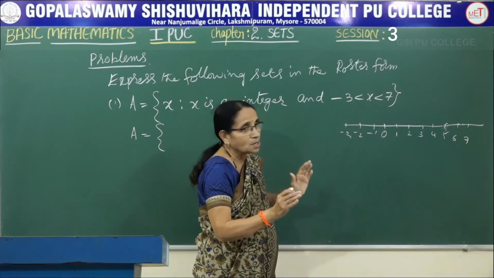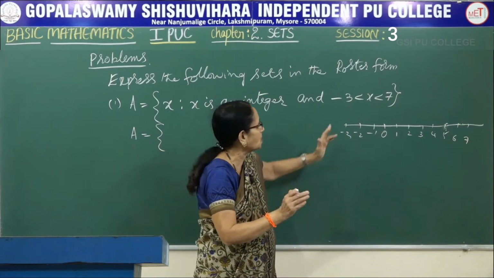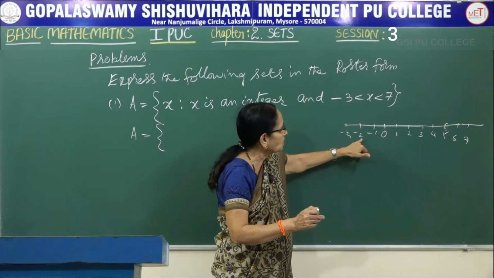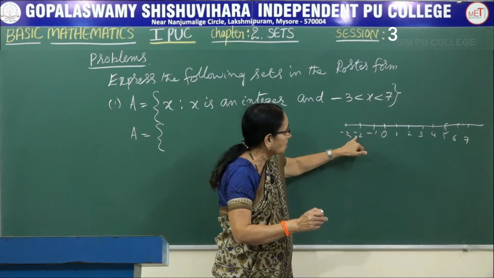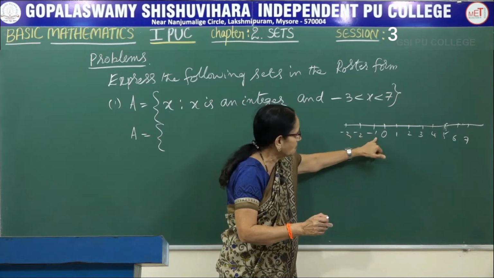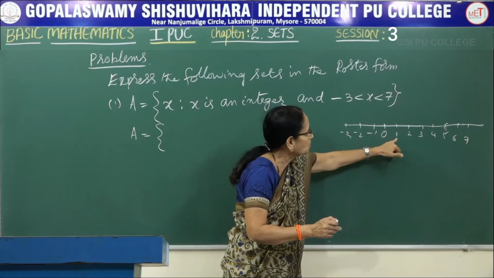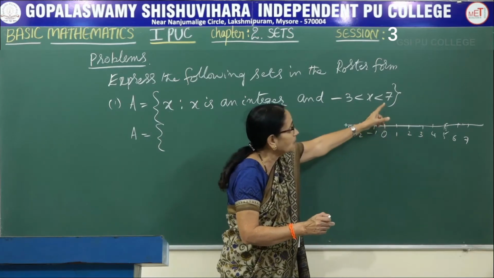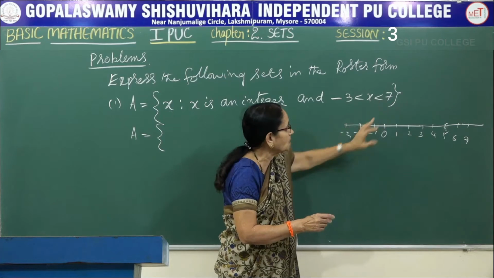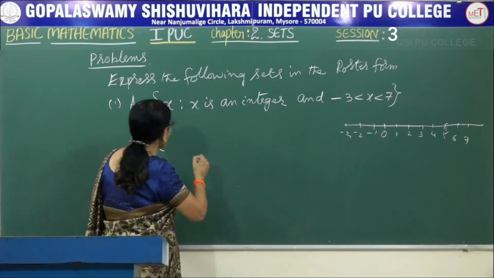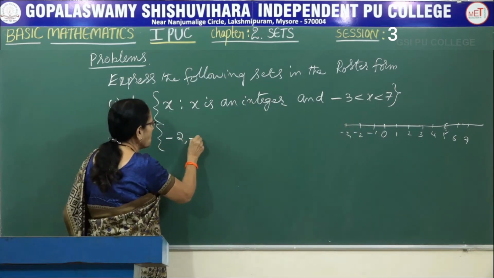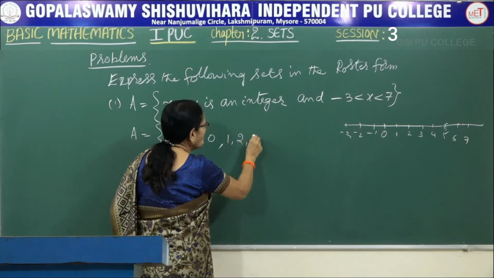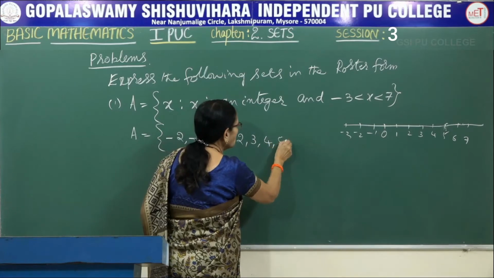So the integers lying between minus 3 and 7. After minus 3, the number greater than that is minus 2, minus 1, then 0, then 1, 2, 3, 4, 5, 6. You cannot take 7 here because we don't have any equality. So directly you can write minus 2, minus 1, 0, 1, 2, 3, 4, 5, 6.